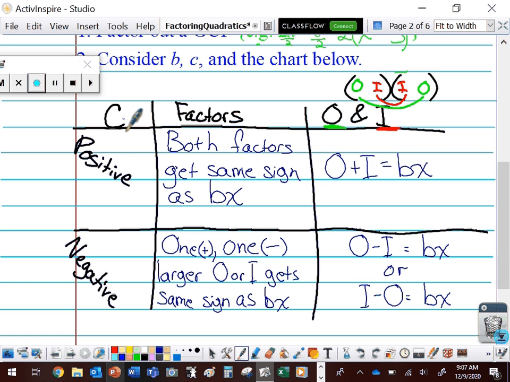If the C term is positive, both factors get the same sign as bx. If it's negative, one's plus, one's minus. We won't know which one's which until we put the numbers in, because the larger outer or inner gets the same sign as bx. If C is positive, we have to be able to add those outers and inners to get bx. If our C is negative, we need to be able to subtract those outers and inners to get bx.